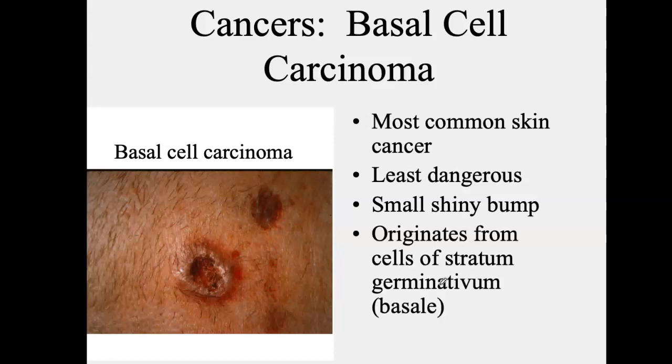And it originates from these cells that are the lower cell of the germinative layer. What that means is that's where you're generating new cells. The germinatum, or basal layer, is a layer that has the younger cells that are going to be continually renewing your skin, right? You know that in the shower, you're losing a bunch of cells.